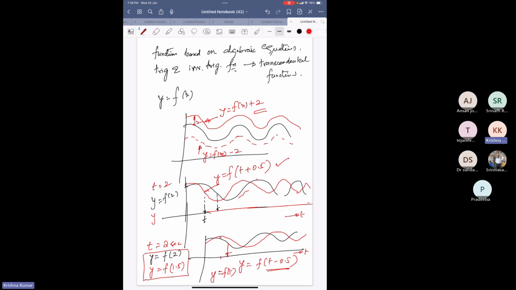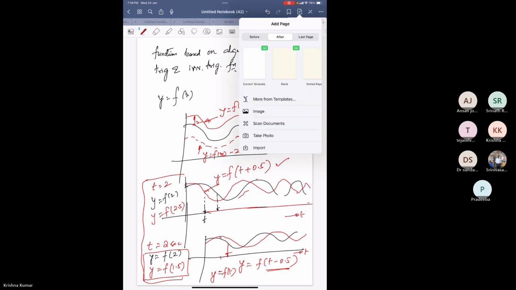Then the new function is at 2.5, so it happens later. Is that clear? This example tells you what really happens when you're shifting these graphs.